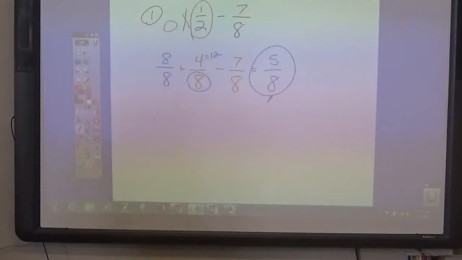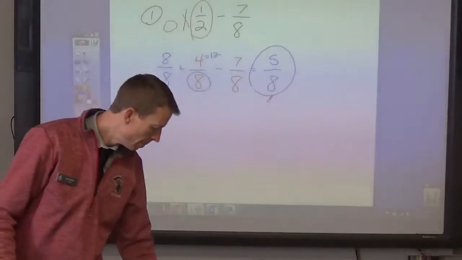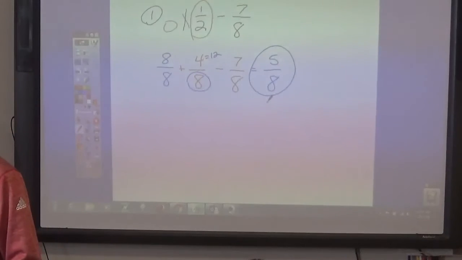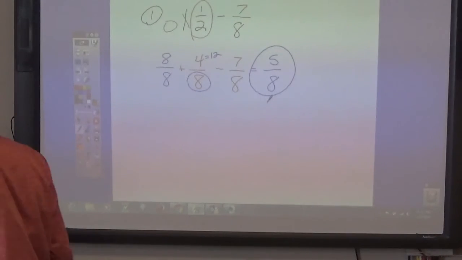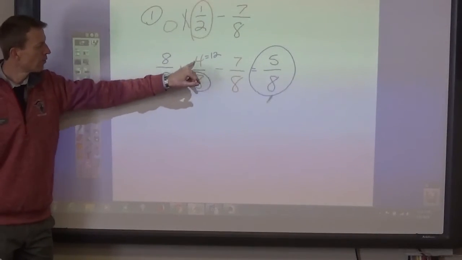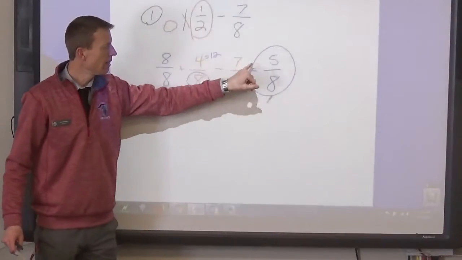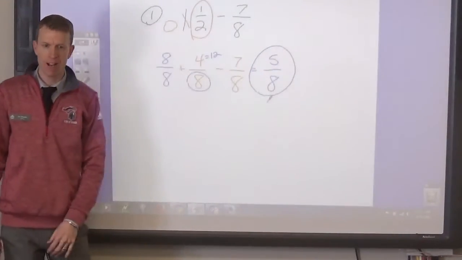Okay? If you did this wrong, then redo it quickly. Write this: 8/8 plus 4/8 equals 12/8. Minus 7/8 equals 5/8.